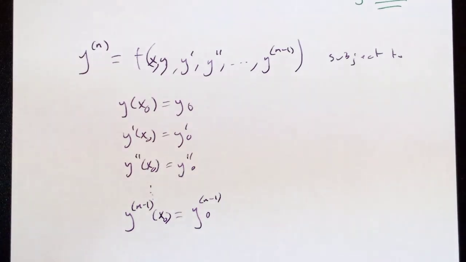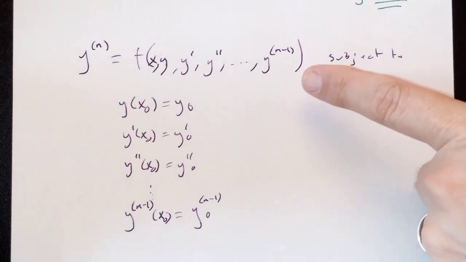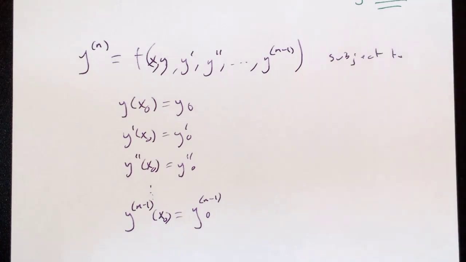And notice I have an initial condition at the same x value, x0, for every one of the derivatives here in the right-hand side. These are my initial conditions.